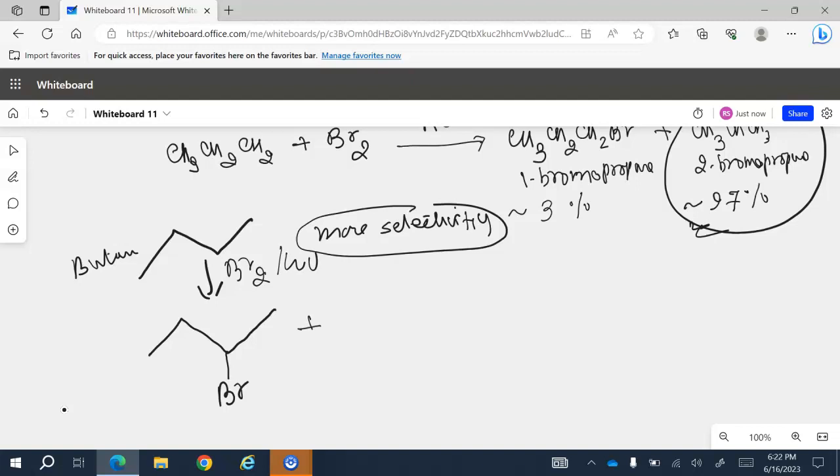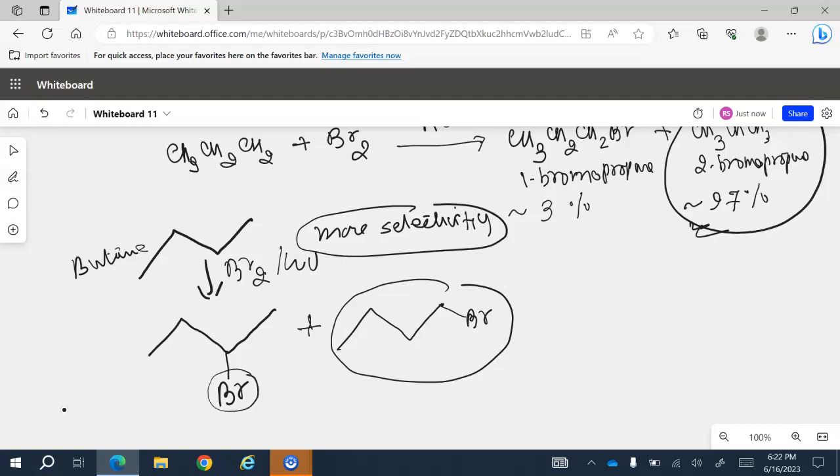If you react butane with bromine in presence of sunlight, two possible products are 2-bromobutane and 1-bromobutane. 1-bromobutane is the result of replacing the primary hydrogen with the bromine. 2-bromobutane is by the replacement of secondary hydrogen.